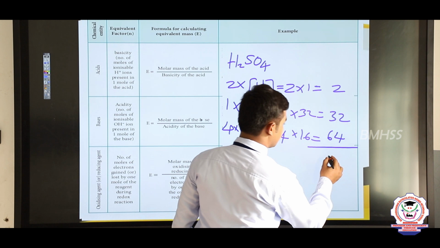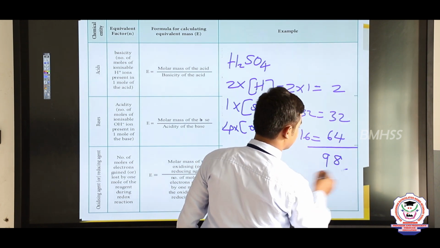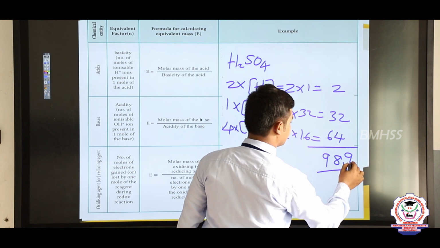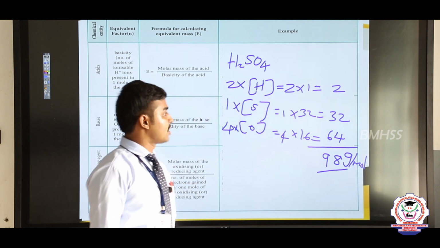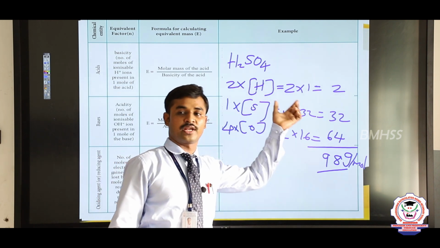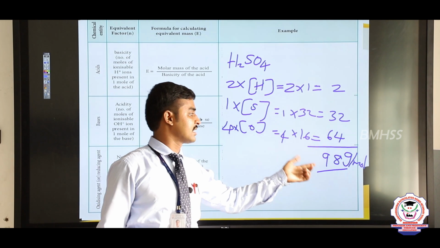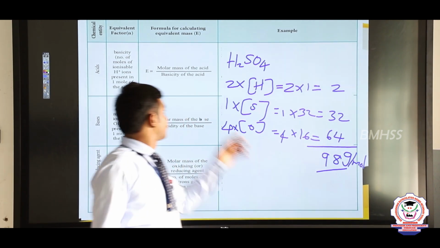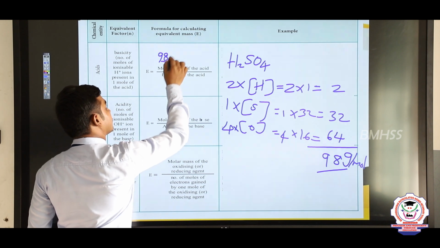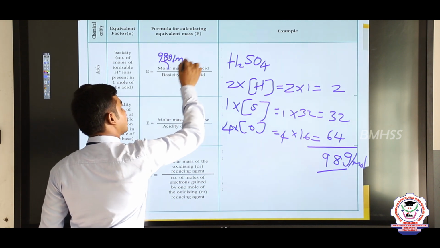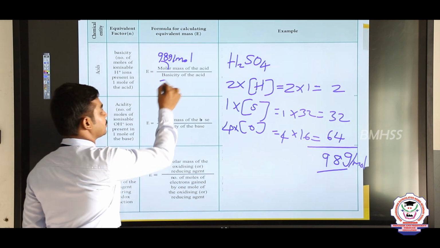When we add these values, we get 98 gram per mole. This is the molar mass of H2SO4, sulfuric acid. So, the molecular mass of sulfuric acid is 98 gram per mole, and the basicity of this acid is 2.